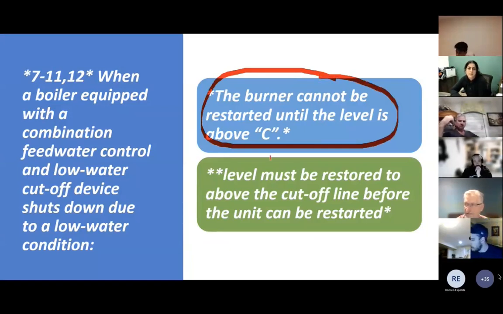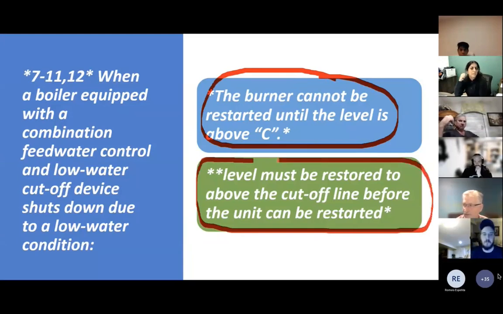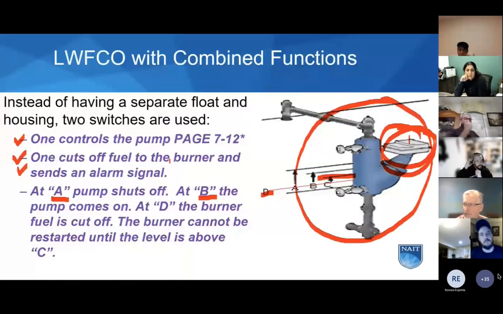Another way to say that, you might see it talked about in this jargon: the level must be restored above the cutoff line before the unit can be restarted. Sometimes it refers to the cutoff line. You'll see a line on the housing of the device.